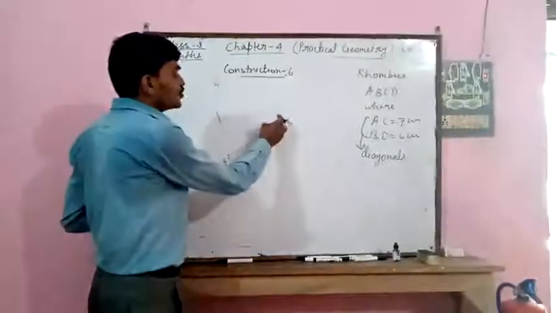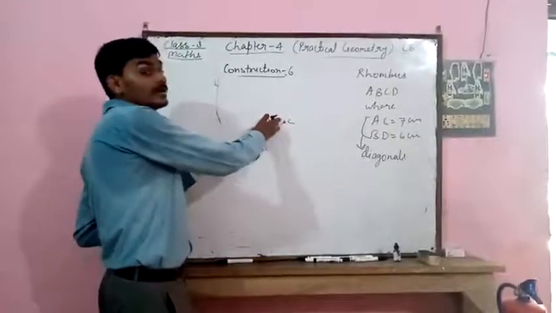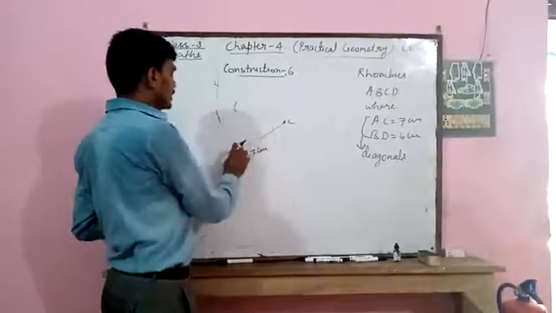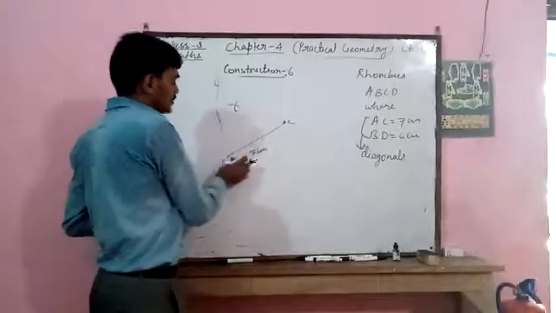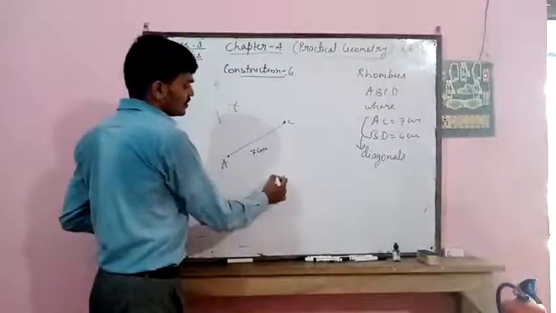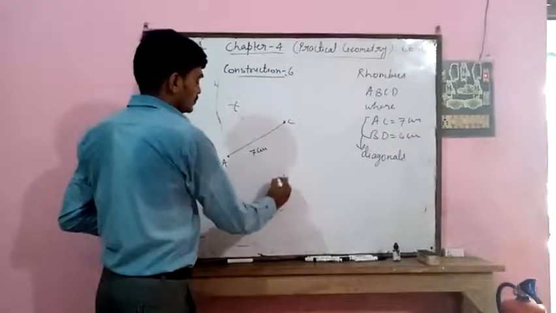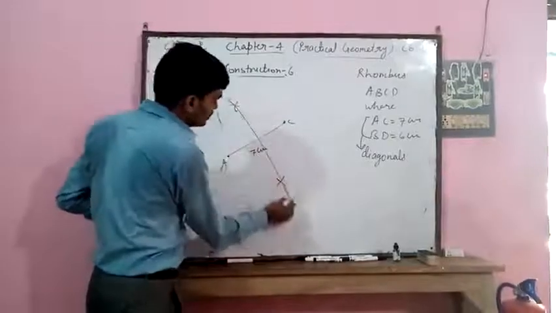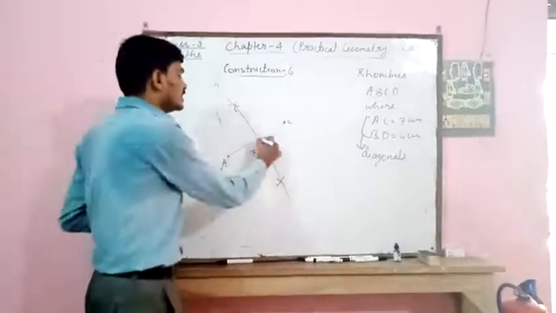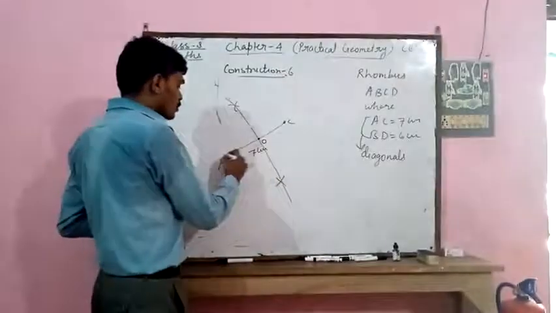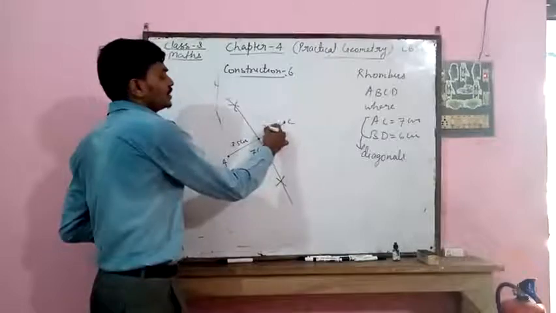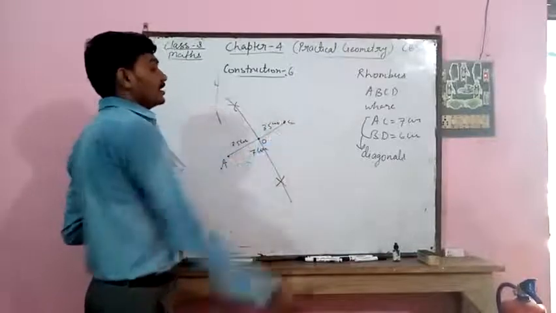That is, place your pointer here and take an arc of more than half and cut. Now from here also cut. Now join these. So this is your perpendicular bisector. This point is O. Now AO is 3.5 centimeter and OC is equal to 3.5 centimeter.